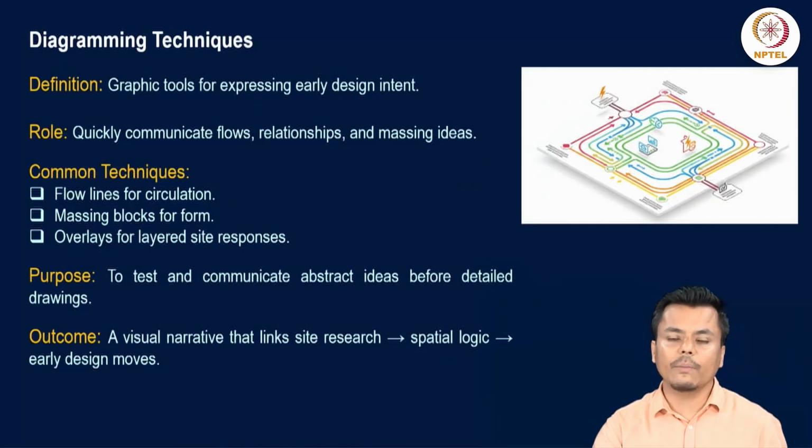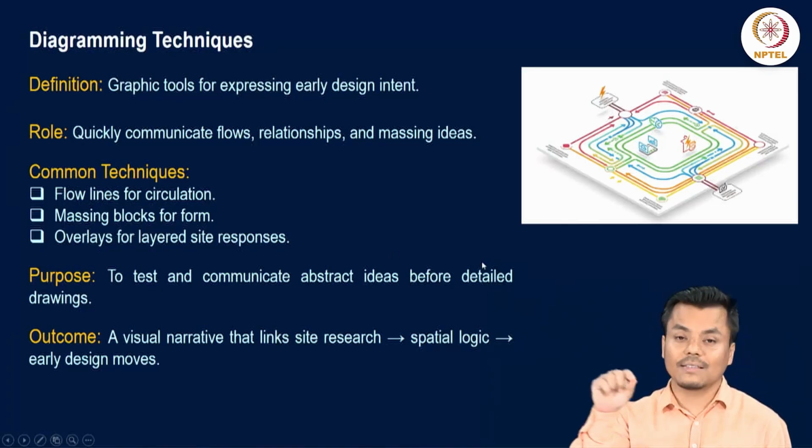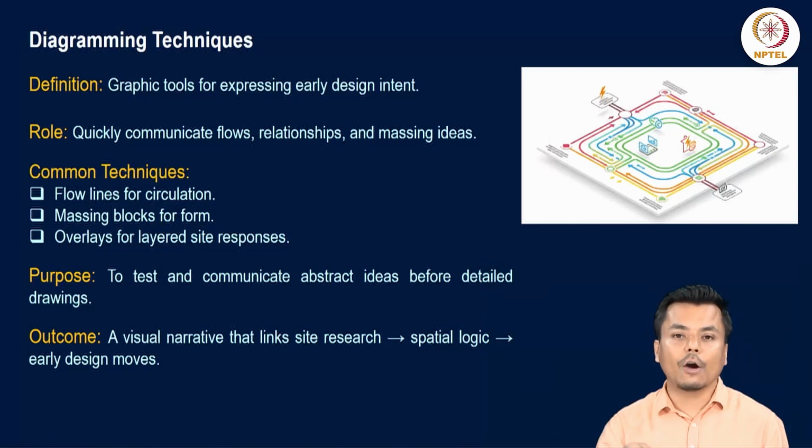Then the diagramming techniques include the graphic tools for expressing the early design intent. It quickly communicates flows, relationships, and the massing ideas for your project. The common technique that we use is flow lines for circulation. We use these line diagrams to show how the movement or circulation pattern will happen in the site.